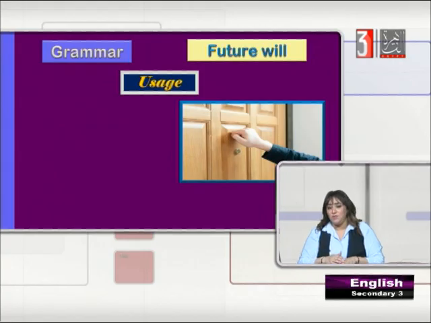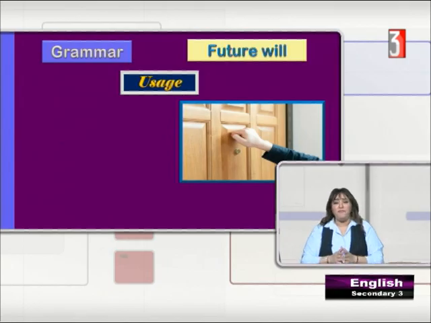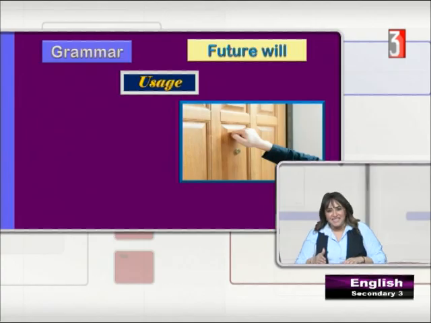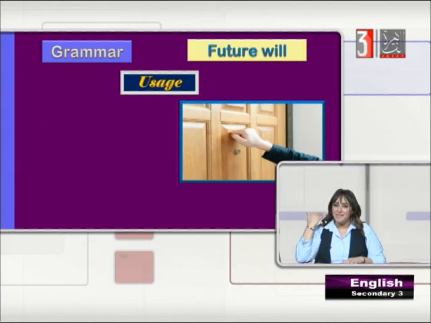As for now, the second part of the unit, the grammar, we're going to take future. And you know that we have many tenses based on future. Before anything, let me remind you of the three main tenses: past, present, future. Again, past, present, future.